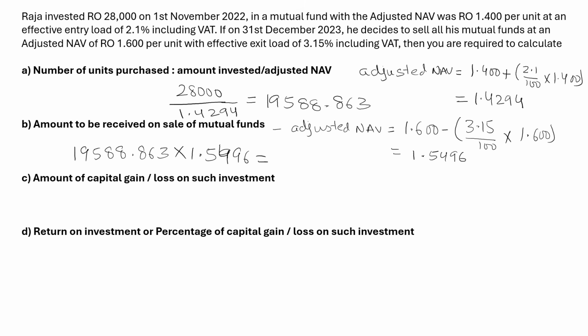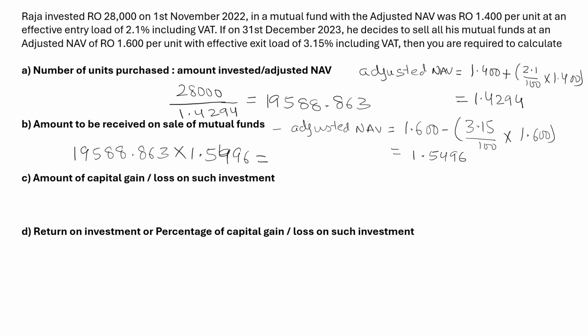So the answer, when we multiply 19,588.863 by 1.5496.